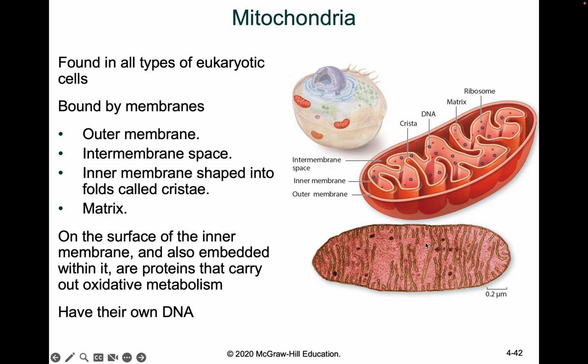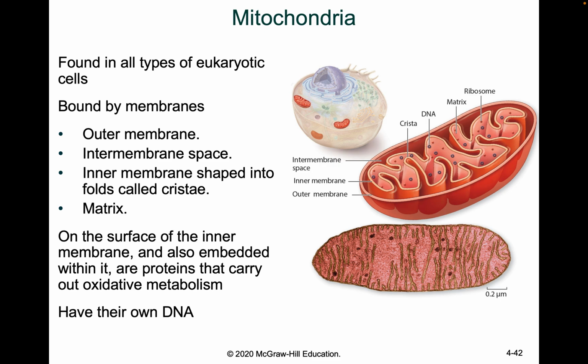Because of these two membranes, you have two empty spaces. The empty space between the inner and the outer membrane, which we call the intermembrane space. And then you have another empty space inside of the inner membrane, which we call the matrix.